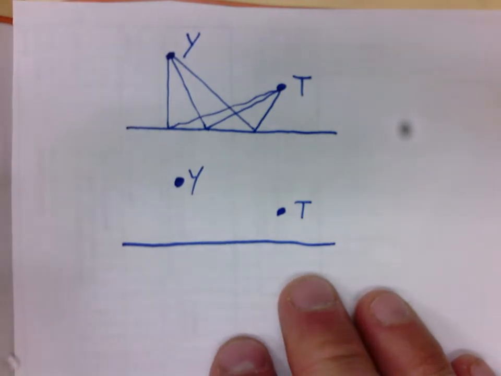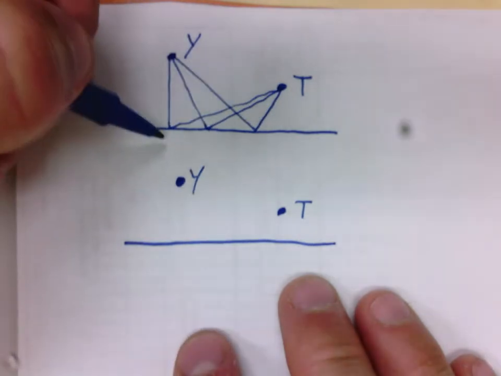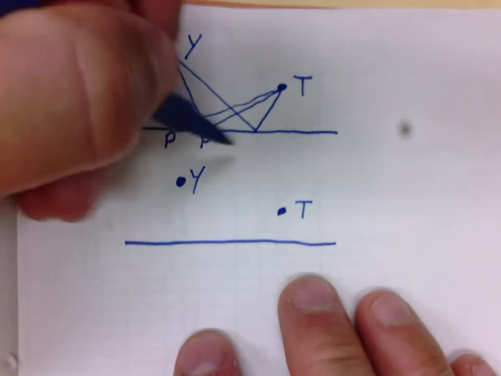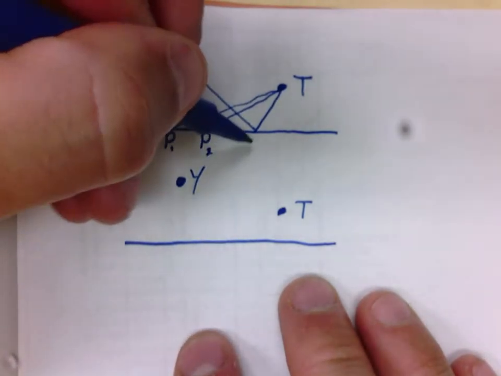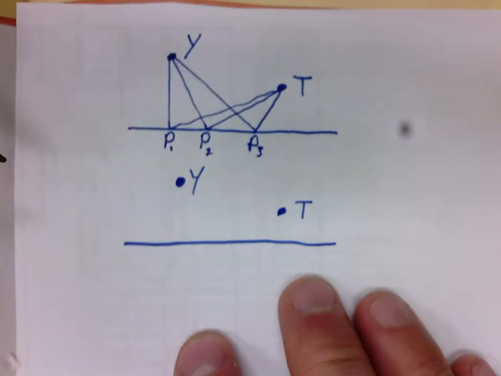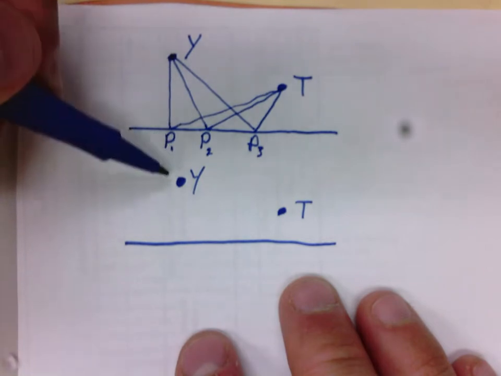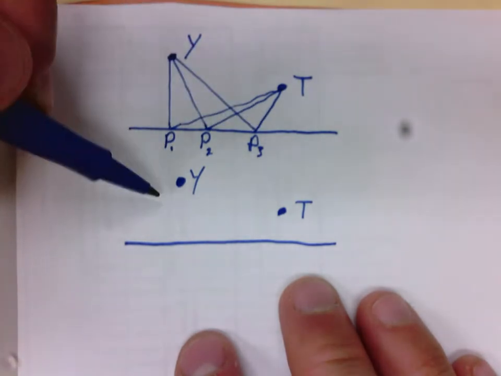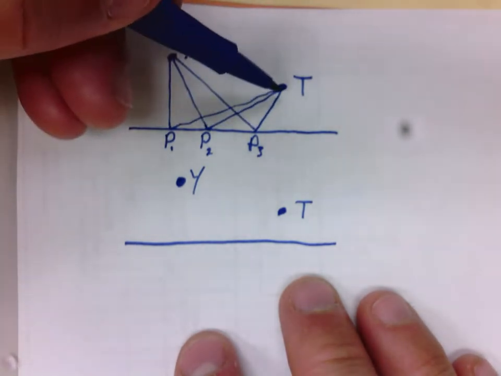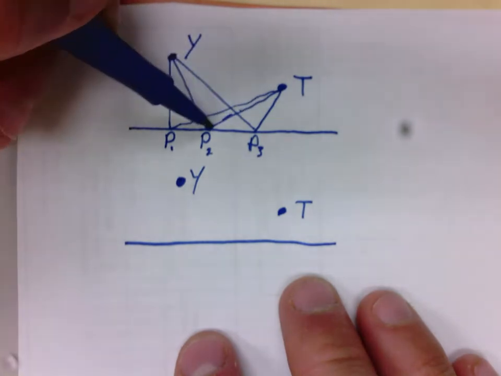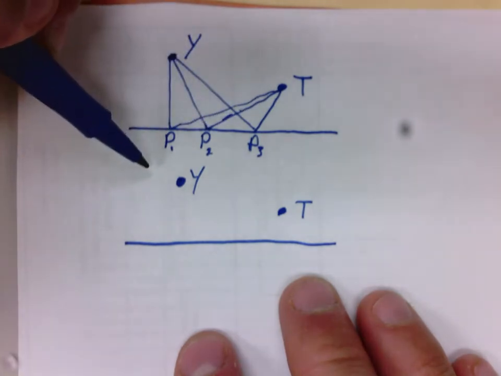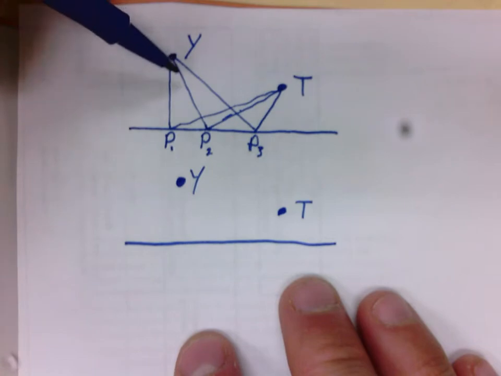One thing that's super crazy is this point we'll call P, maybe we'll call P1, P2, P3 up here. It turns out if we reflect y across this line here, and watch, if you take T to P to Y again, that's going to actually represent the shortest point.